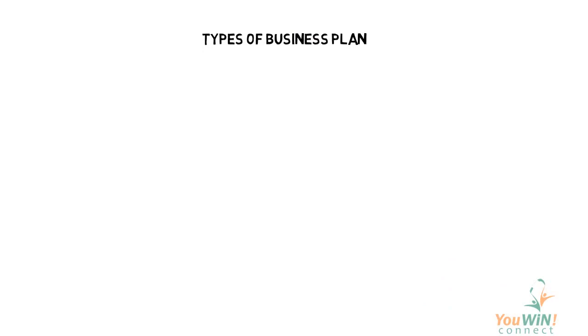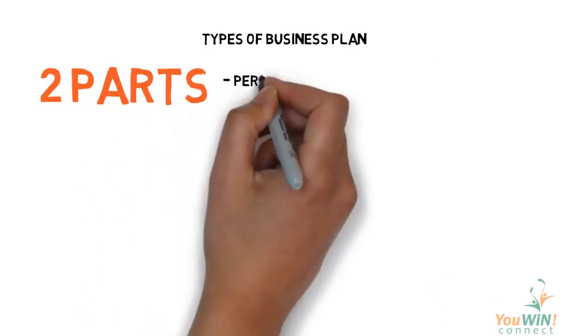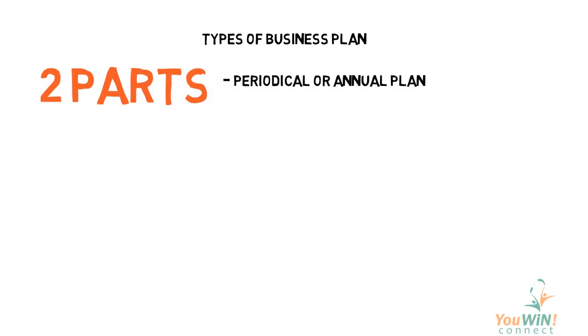Types of business plan. A business plan is divided into 2 main parts. First is a periodical, or what in other parlance is called an annual plan. An annual business plan is that which the company needs to achieve its objectives for the year.